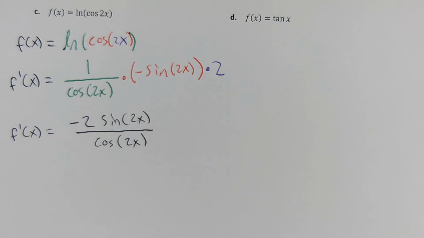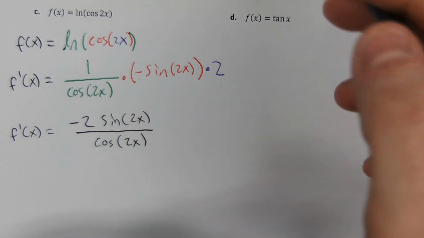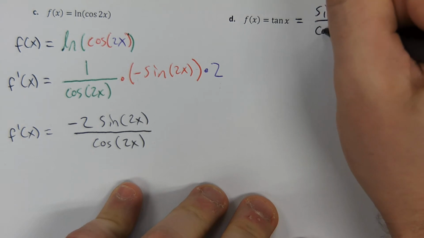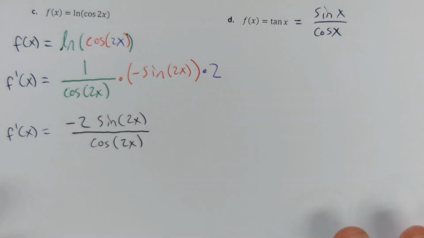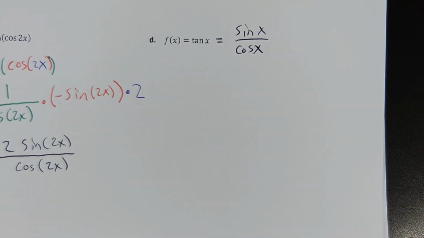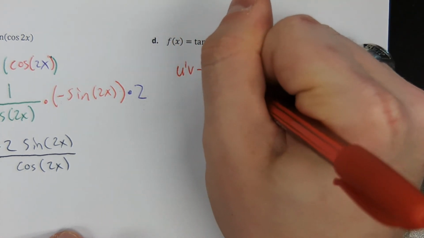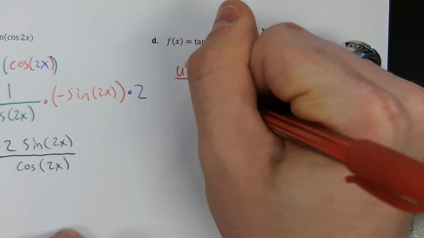So yeah, like I was saying, you don't have the derivative of tangent x memorized, so how could you possibly find it? Break it up. How would you break it up? Sine over cosine. Yeah, tangent x is sine x over cosine x. So if we want to find the derivative of that, we get to use the quotient rule: u prime v minus uv prime all over v squared.